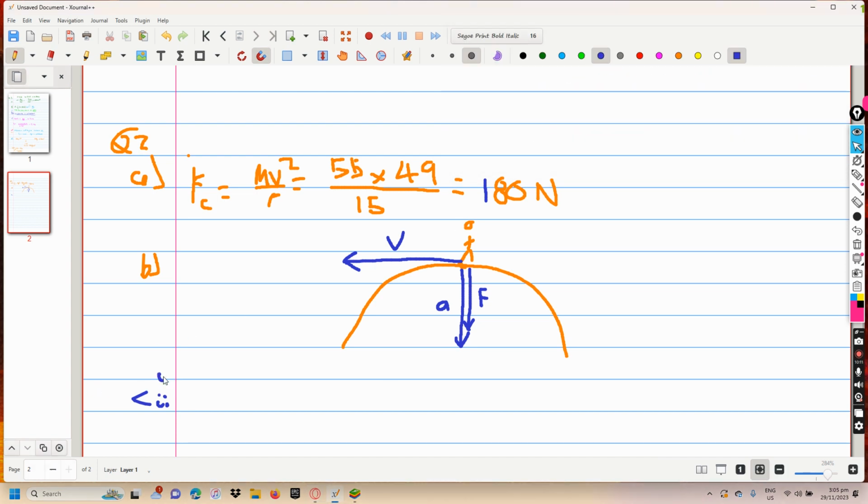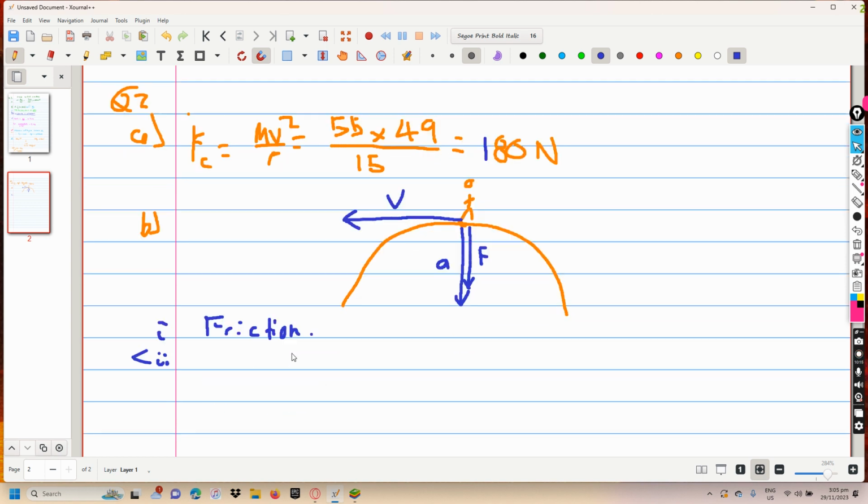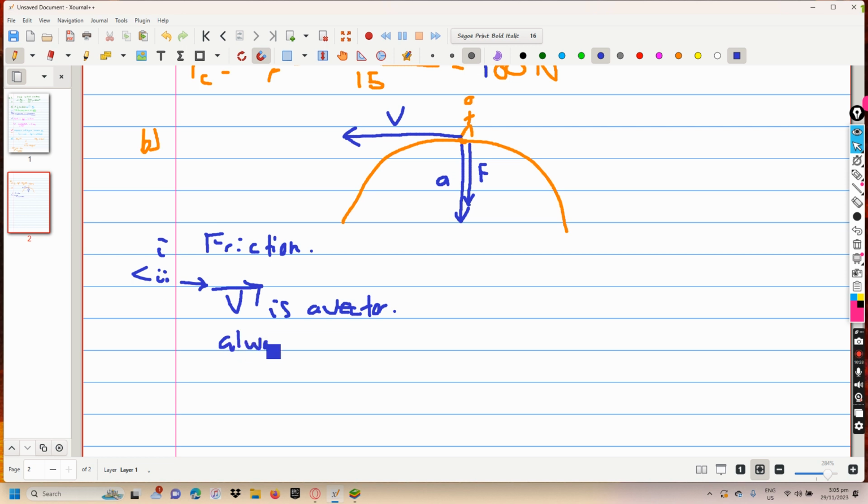The first bit was friction. Why can they be accelerating but moving at a constant speed? Is a vector always changing direction?